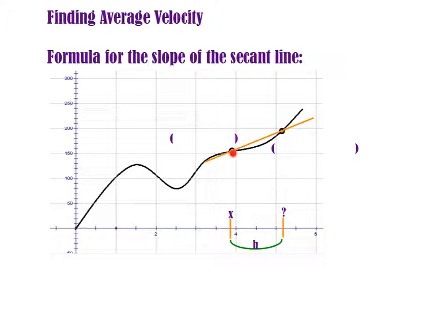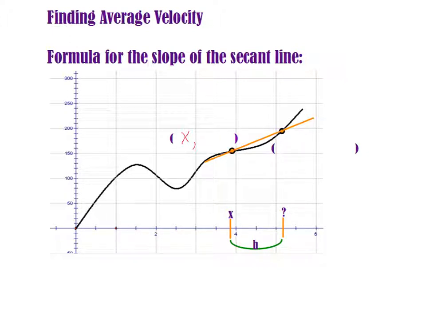So I need the x value for this spot right here. Well, if you look down here, I'm just going to call it x for right now. The x value will be x, comma, and then the y value that would match that is whatever this y value would happen to be. And again, I'm not looking over here. Don't look over here. Just say, well, this is the y.